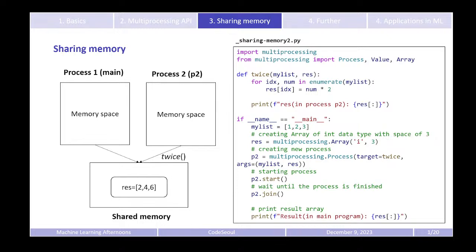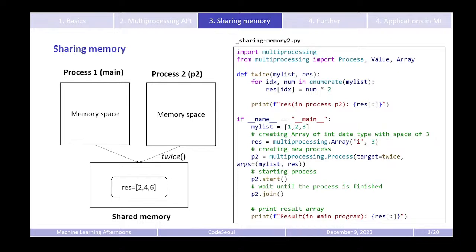How is that possible, given that process 1 has its own memory space and process 2 has its own memory space? It is because there is some shared memory that they agreed to use to communicate with.